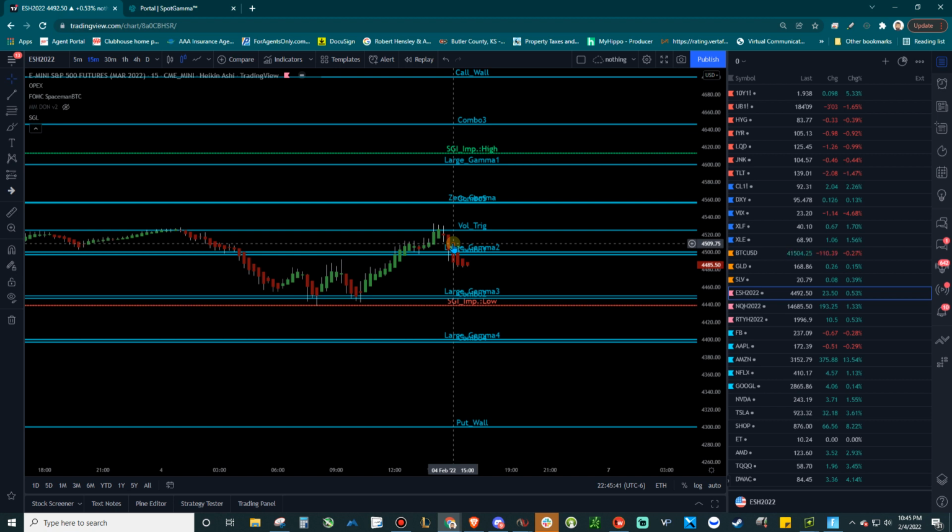I'm not an expert on dealer positioning and GEX and gamma and all that stuff, but what I understand is that in positive gamma, dealers are having to buy back stock as the market goes up, and if you're in negative, they're shorting as the market goes down. This is my understanding. Someone will probably correct me on this. That's fine. All I really care about in the end is how accurate the levels are.